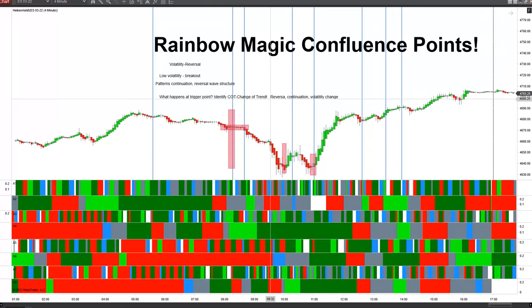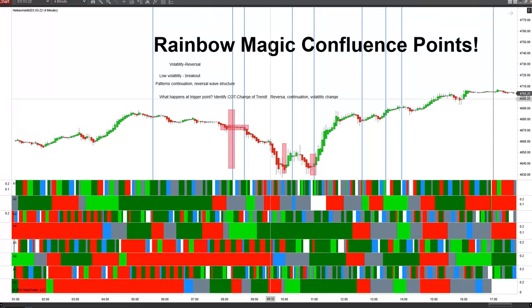So a change of trend could be coming out of a consolidation into a move, and what would we call that? Well, that would be a breakout trade. So when we have high volatility, we're looking for a reversal, and when we have low volatility coming into a trigger, we would be looking to take a breakout trade.